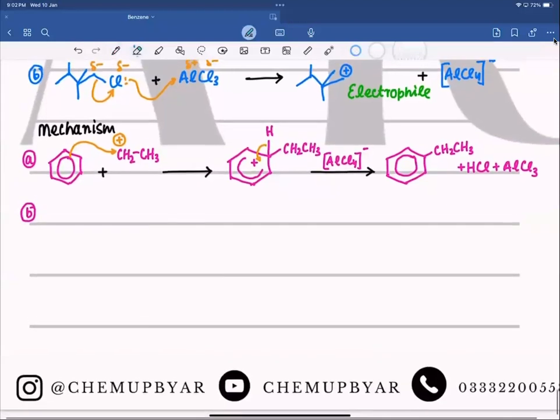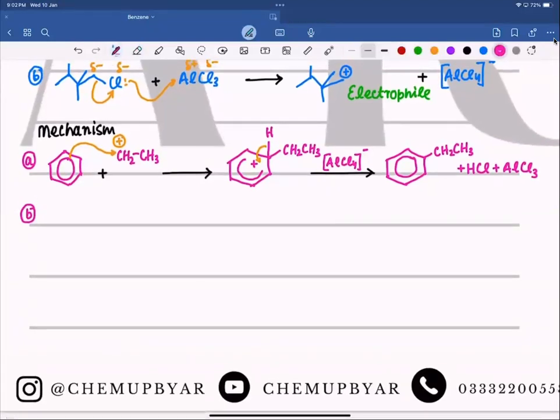Okay. Now, let's have a look at the mechanism for reaction B, where there is a longer chain alkyl halide. So we have a benzene ring.